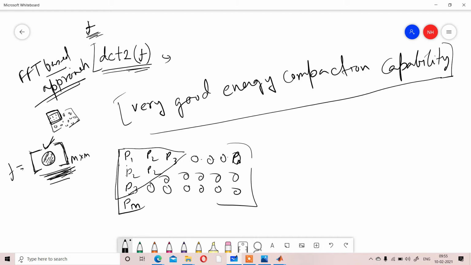But as a result, as we are making those pixel intensities zero, we are reducing the matrix size.